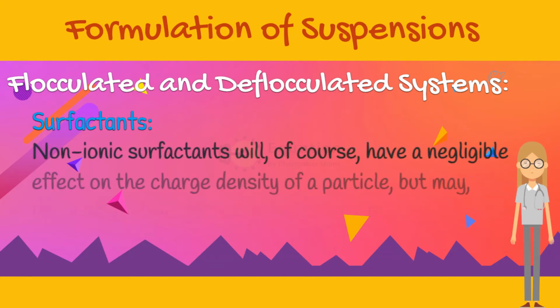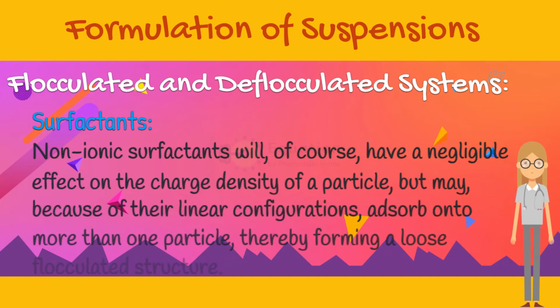Non-ionic surfactants will, of course, have a negligible effect on the charge density of a particle, but may, because of their linear configurations, adsorb onto more than one particle, thereby forming a loose flocculated structure.